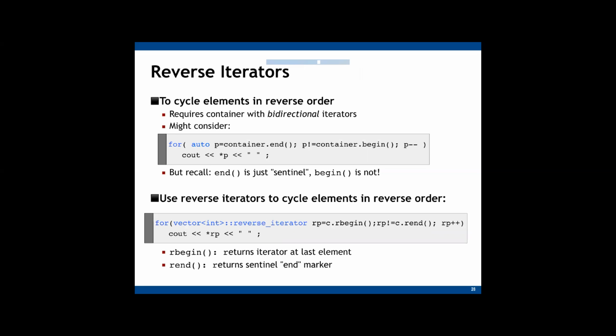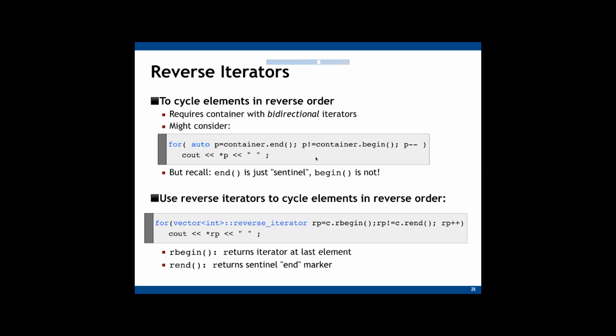In some situations, you might want to cycle elements in reverse order. You might think you can cycle elements in reverse order using this for loop, starting from end until P is begin and using the decrement operator.